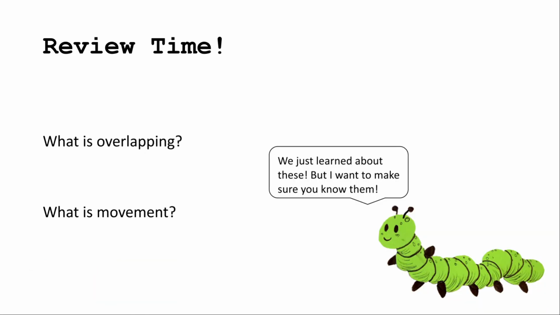So I know that y'all are smart. I know that you can remember this. So when I ask the question, y'all can pause it if y'all need some more time, or y'all can just go ahead and say the answer. So what is overlapping? Overlapping is when an object is placed in front of another object.